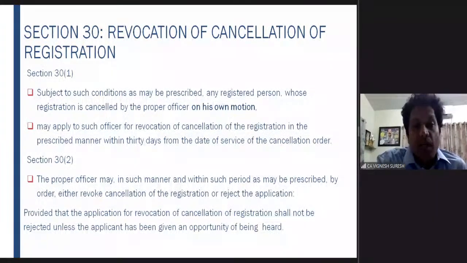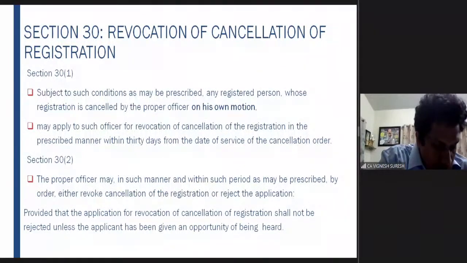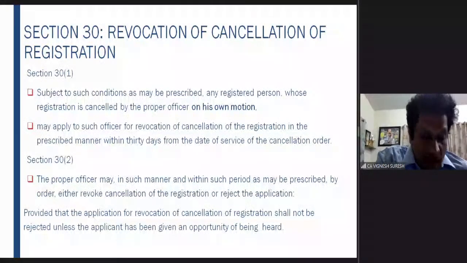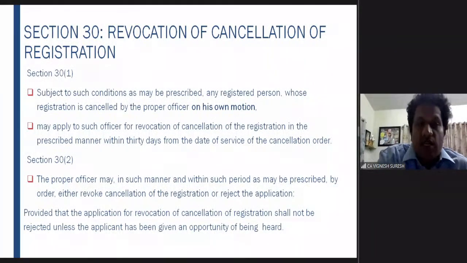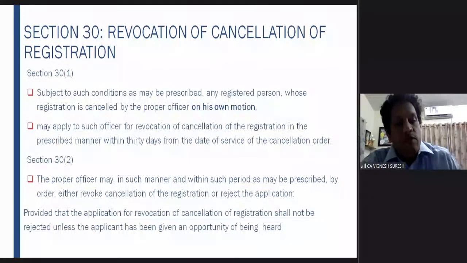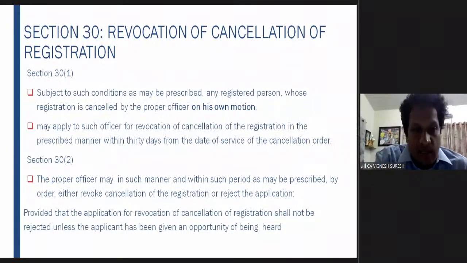Say, please revoke my cancellation of registration, that is, restore my registration. When I say revocation of cancellation, it refers to restoration of my registration. I can apply to the proper officer for revocation of cancellation of registration within 30 days from the date of service of the cancellation order.